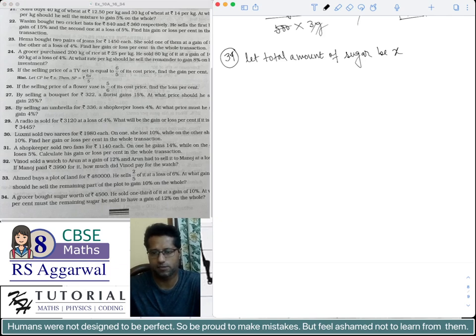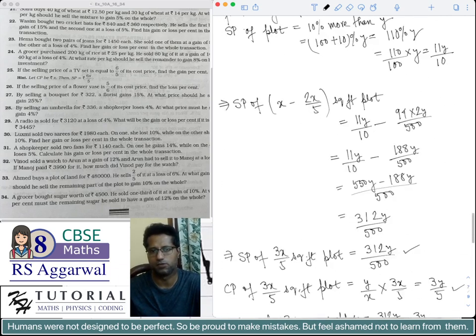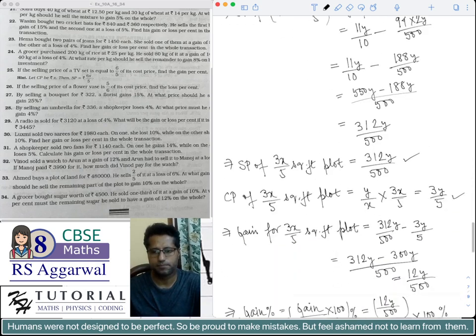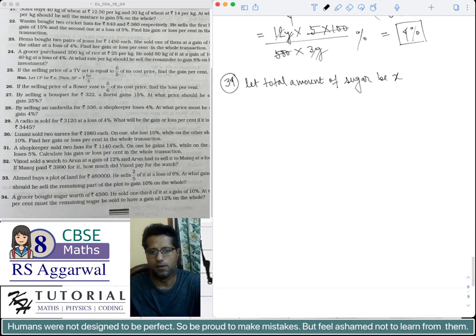So let the total amount of sugar be X kg, and let the CP of X kg of sugar be Y, which is actually given as rupees 4,500.